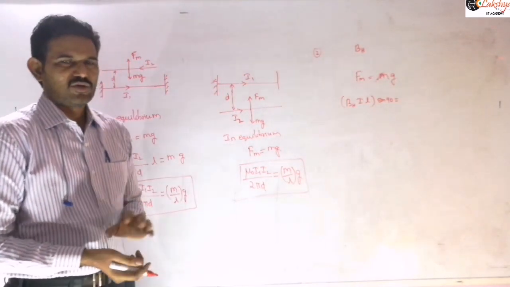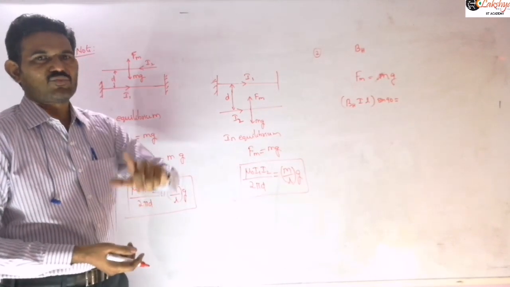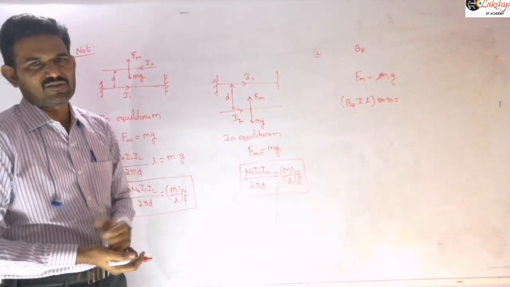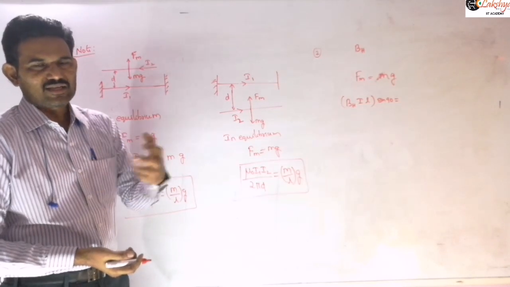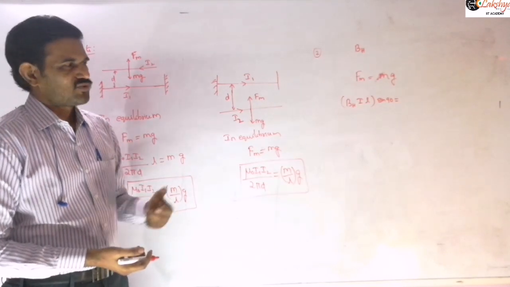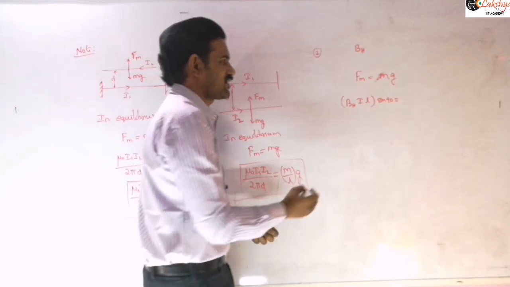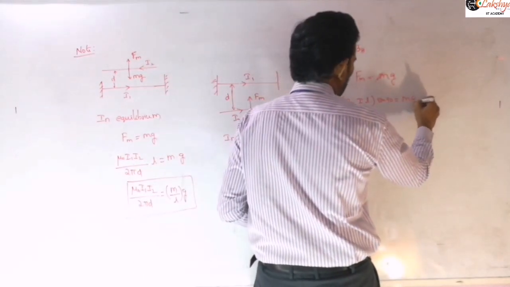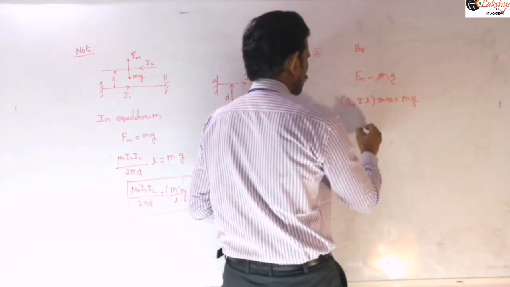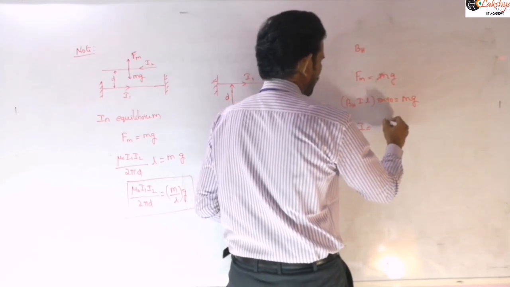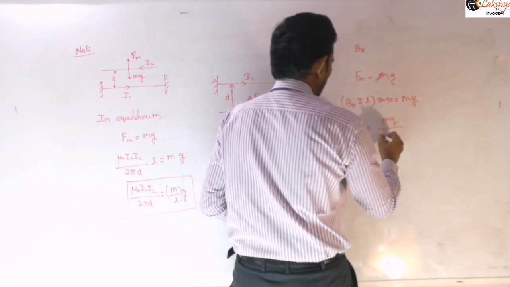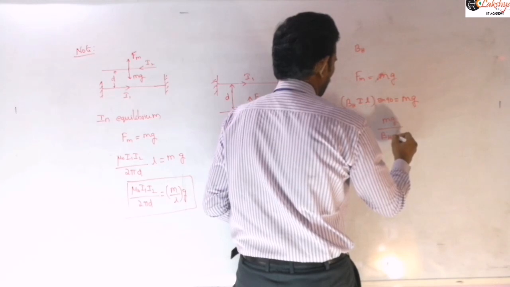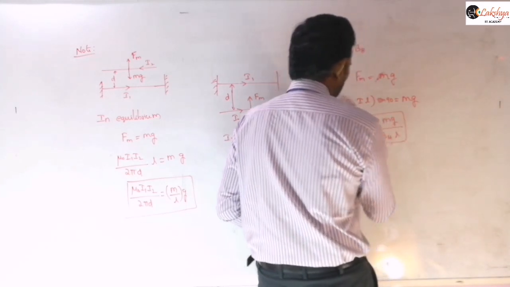Is it clear? Only one conductor is there, placed in an external magnetic field, that means Earth's magnetic field. Earth is producing some magnetic field, so we take its horizontal component. That is equal to mg, and so from this the current required is mg by BH into L.